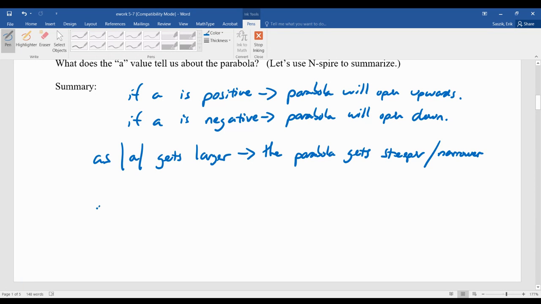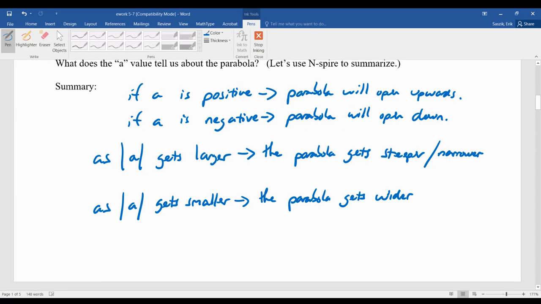Okay. And as the absolute value of a gets smaller, the parabola gets wider. Okay?